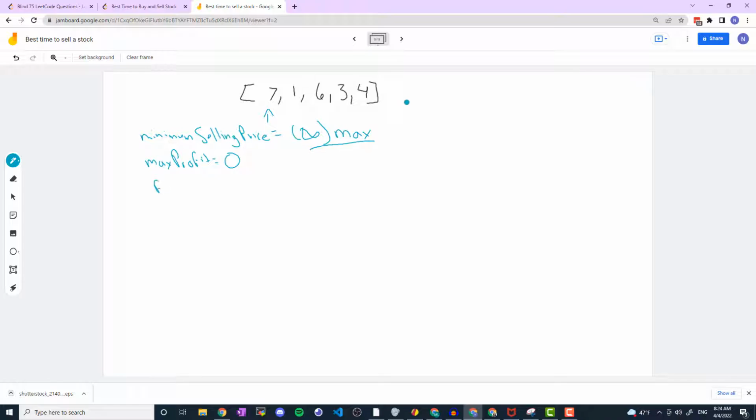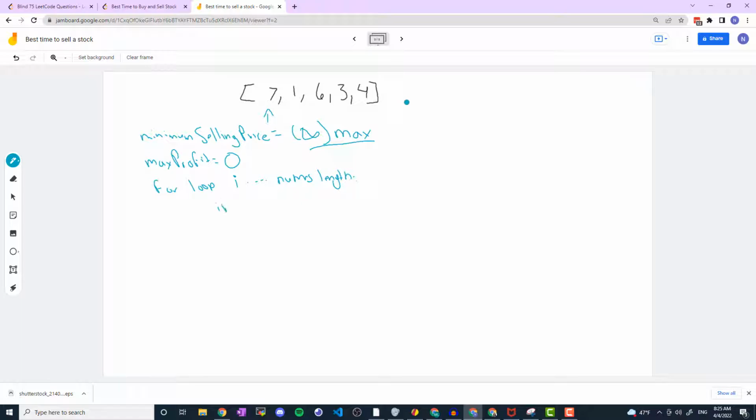So let's start our for loop of I until nums length. Okay, we have to keep track of the things at a single time. First, we're seeing every day at a time, which we have to analyze if that's the lower selling price we have available. In the first iteration for the first day, we see that 7 is less than the infinite maximum integer.